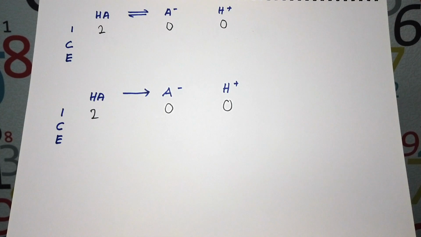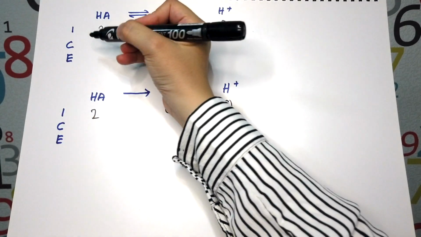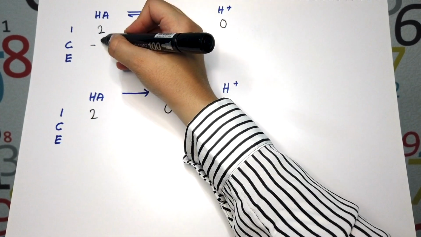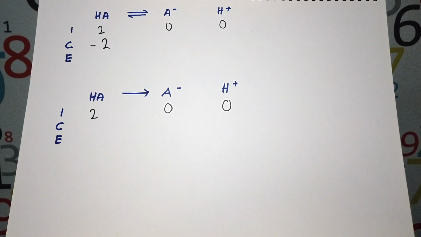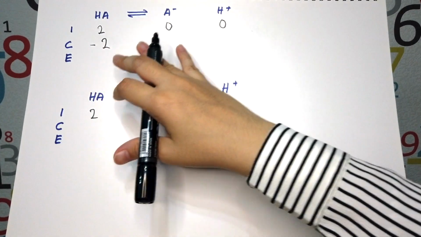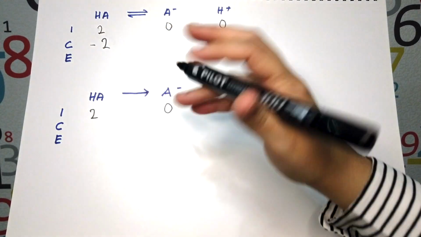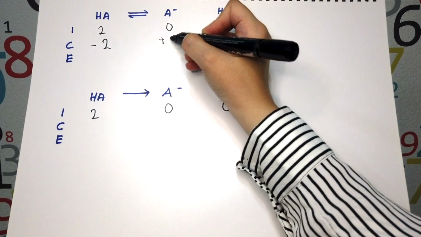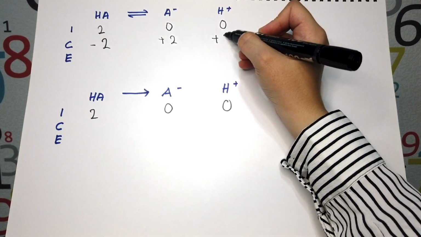In strong acid, because it dissociates completely, in the change you will have -2. You will not use the X, and because you form the dissociated products, the products should be equivalent to whatever has dissociated. So this one will be +2, +2.